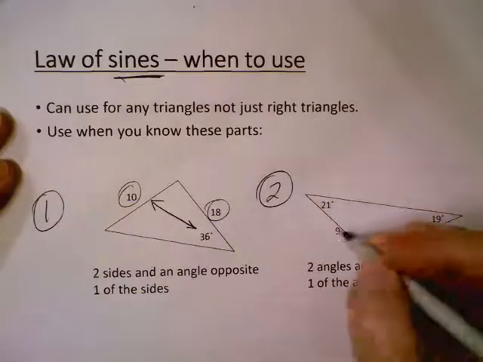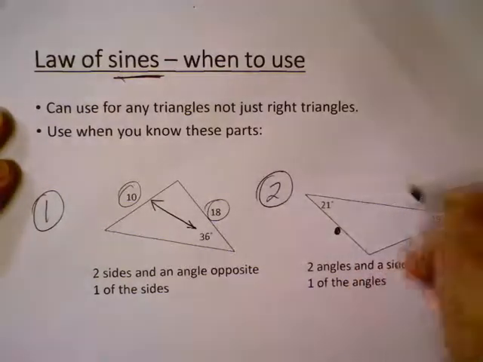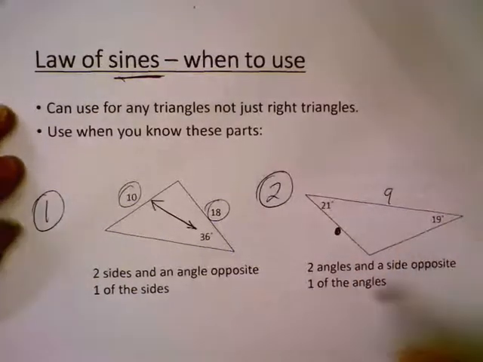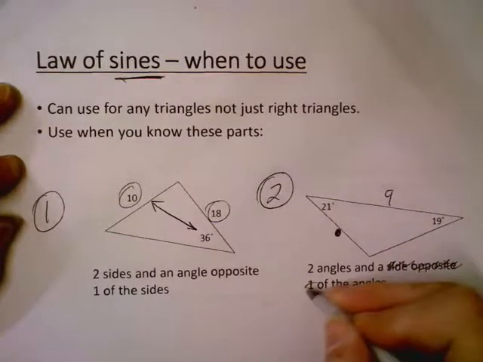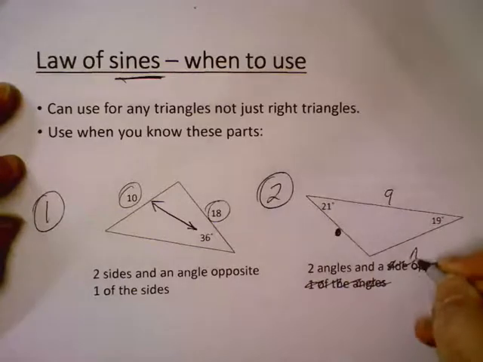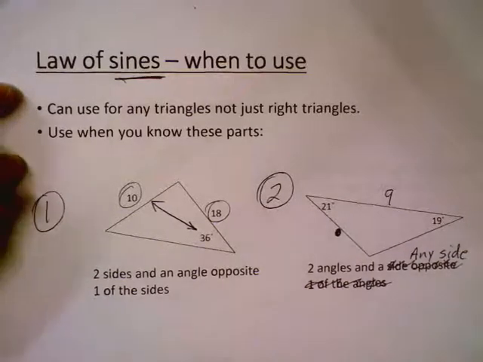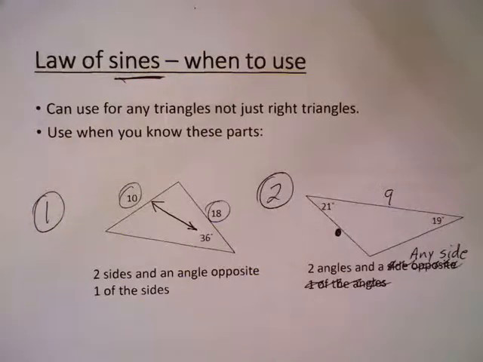If we know, and I'm going to mark this out, I got this wrong here, it should say any side, doesn't have to be across from one of them. If we know 2 angles and any side, then we're using the law of sines.